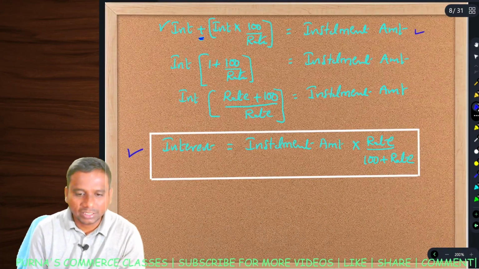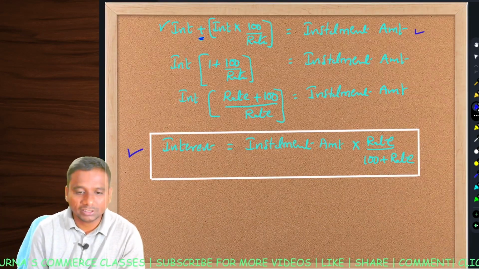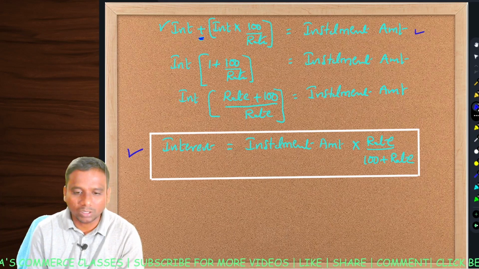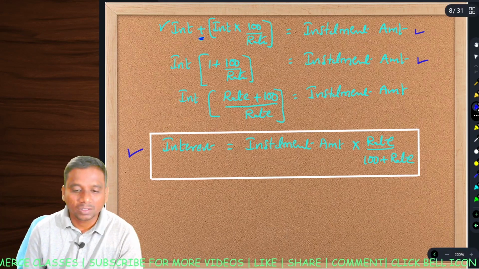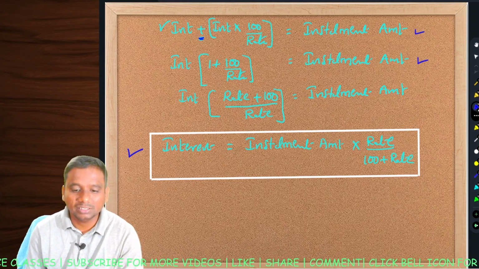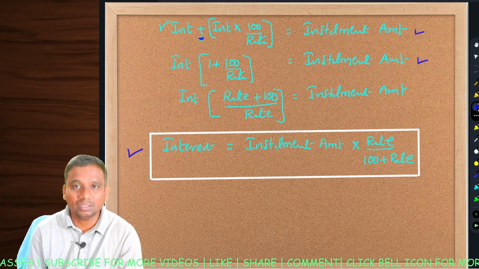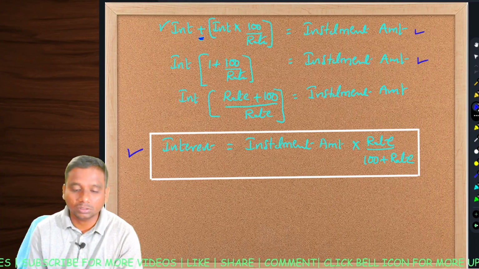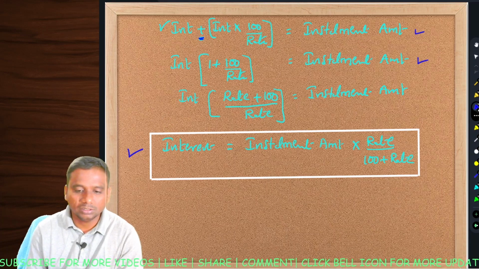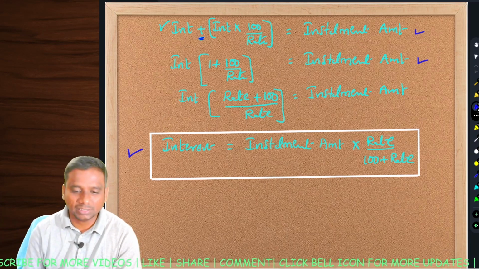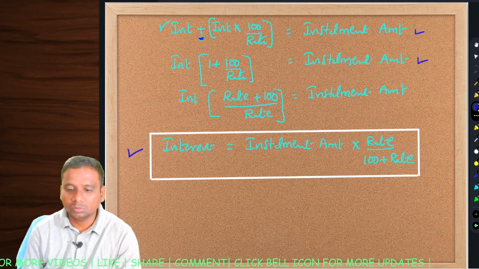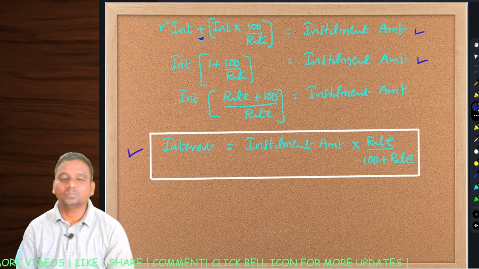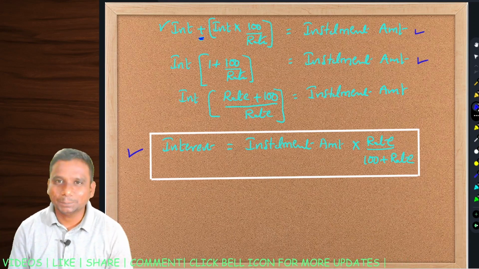Now take the interest common: interest into 1 plus 100 by rate is equal to installment amount. Now take the LCM, rate is the LCM: rate plus 100 by rate. Now send the whole thing in the bracket to the right hand side, automatically it gets reversed. So interest is equal to installment amount into rate by 100 plus rate.